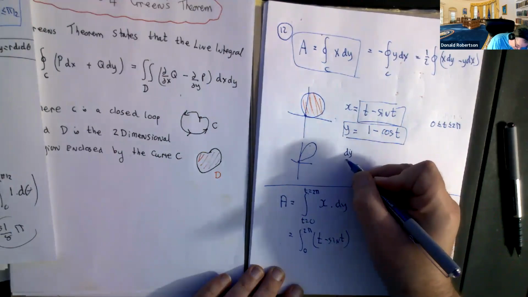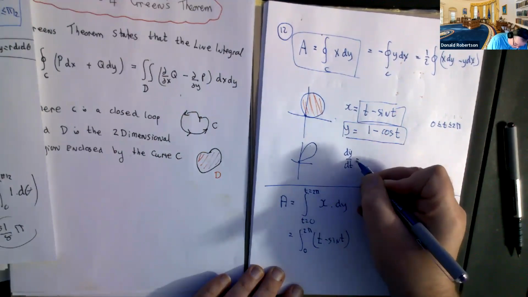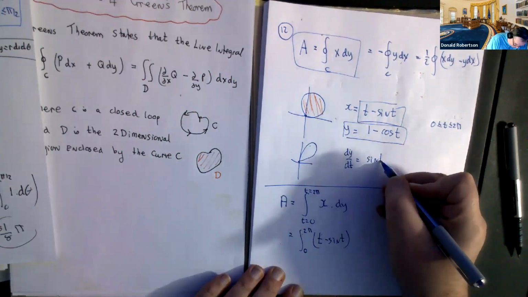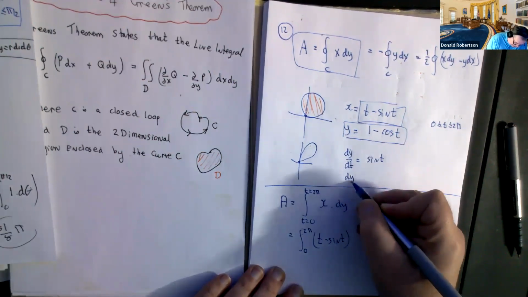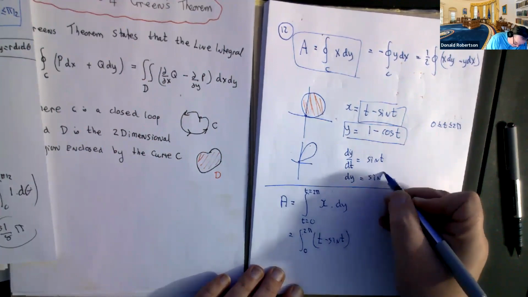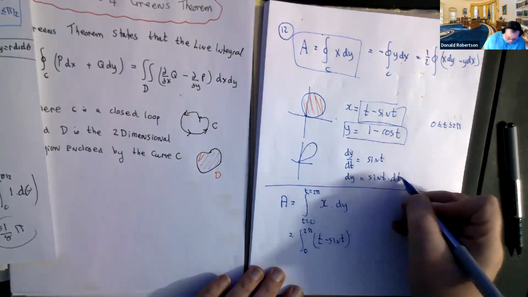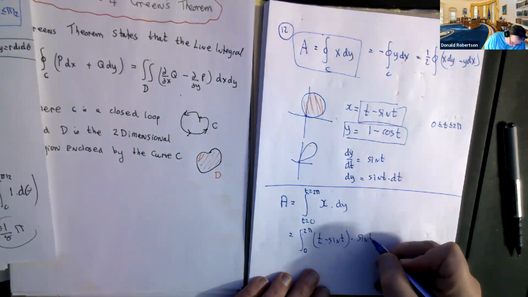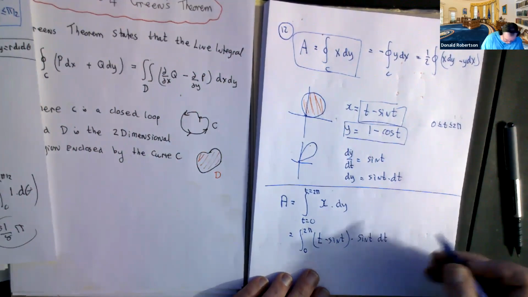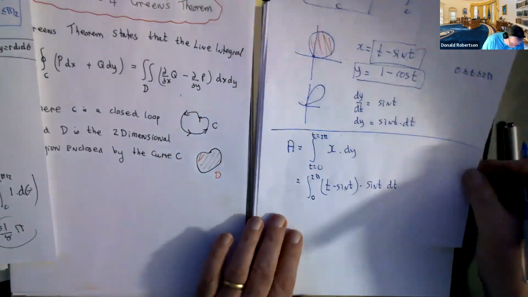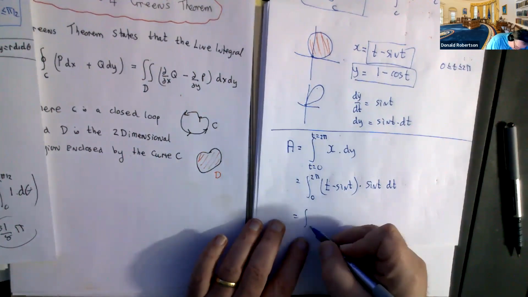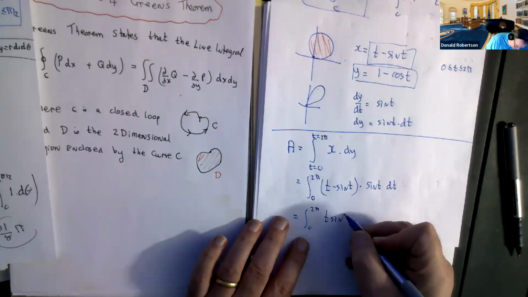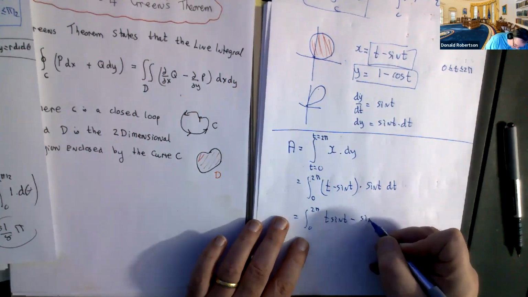Well, if you differentiate y with respect to t, you get nothing minus a minus, you get a sine t. And so dy can be replaced by sine t dt. So times sine t dt. And so our integral now becomes 0 to 2 pi of t sine t, take away sine squared t dt.